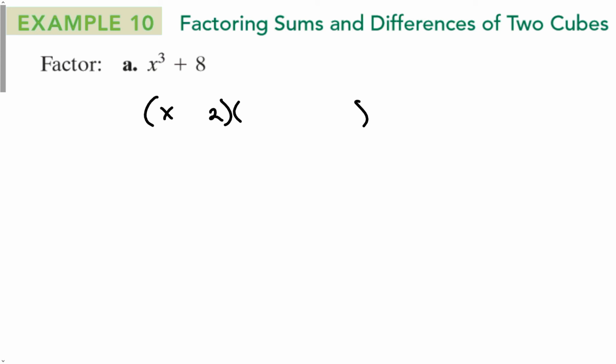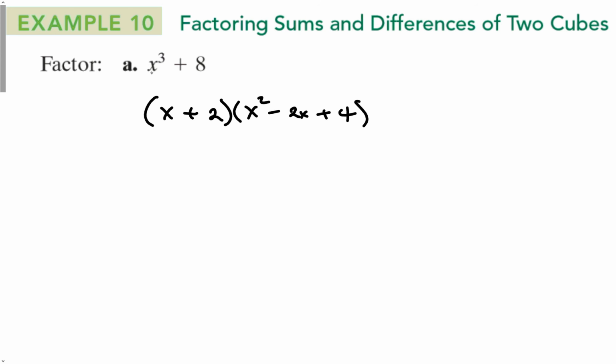The next part of this expression, if this is a and this is b, it's always a squared, ab, b squared. For the signs, same sign, opposite sign, always positive.